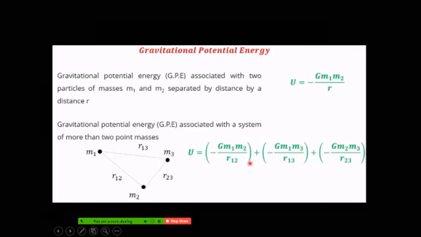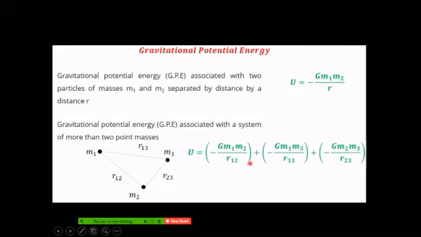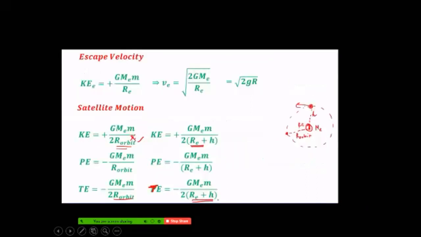So we write the gravitational potential energy as minus G m1 m2 upon r12 plus G m1 m3 by r13 plus G m2 m3 by r23, all with a minus sign. So we add these and find the gravitational potential energy, students.